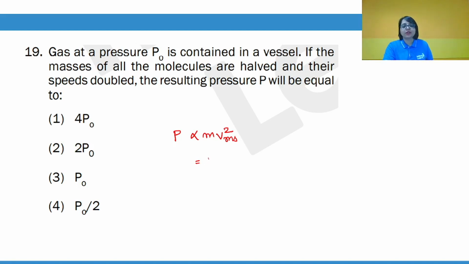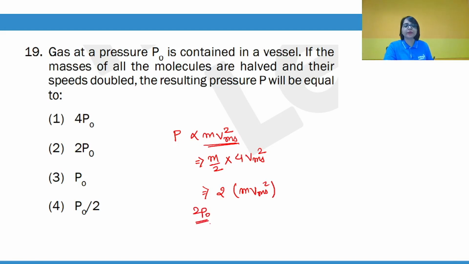Masses are halved, that means it will be m by 2, and Vrms doubled, so it will become 4 times Vrms square. So it is nothing but 2 times m Vrms square. Pressure is directly proportional to m Vrms square, but it is becoming 2 times after changing the given parameters. So new pressure will be 2P0, which is option 2.